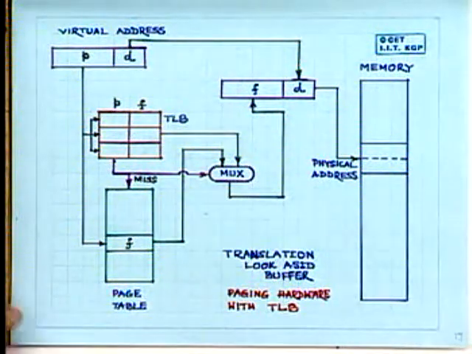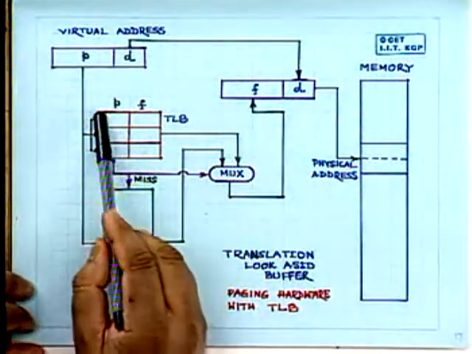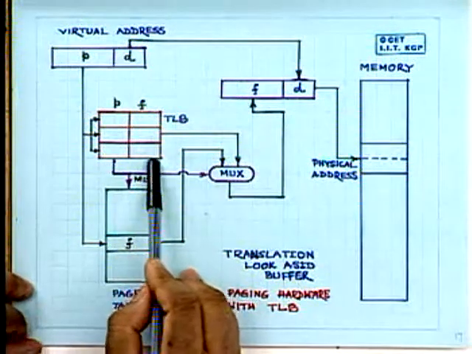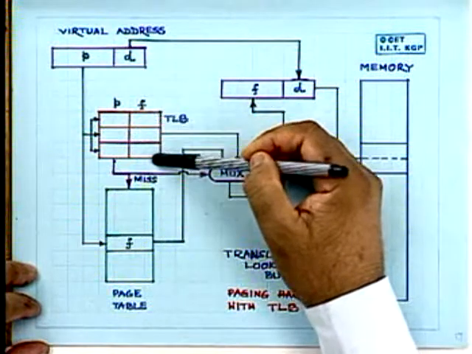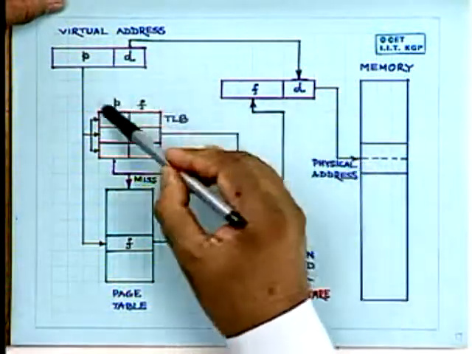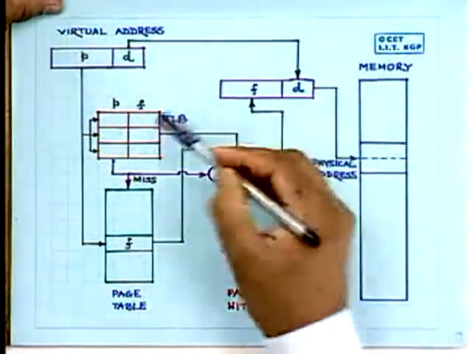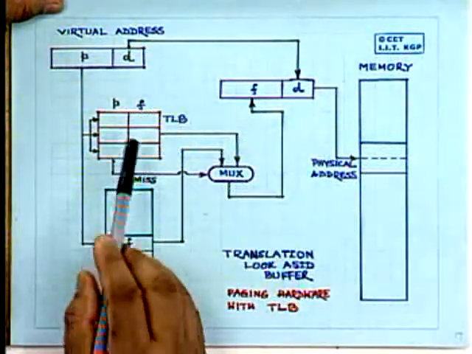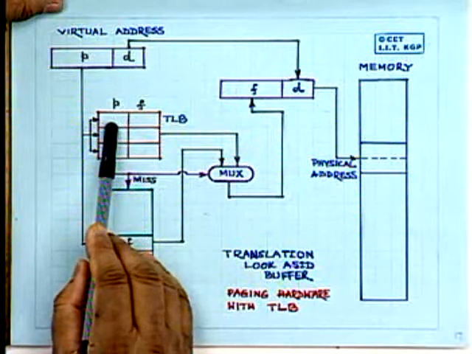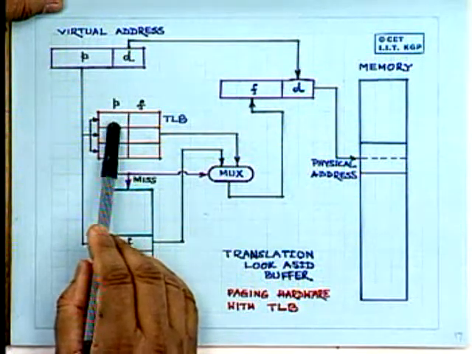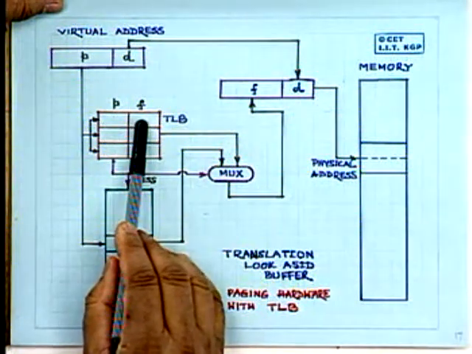A TLB, as I've said, is a set of hardware registers. It's essentially content addressable registers or content addressable memory, so to say. Each entry of this TLB has a page number and a frame number.